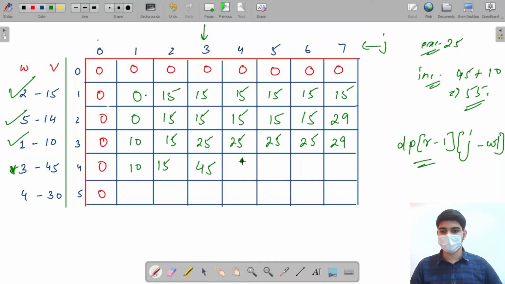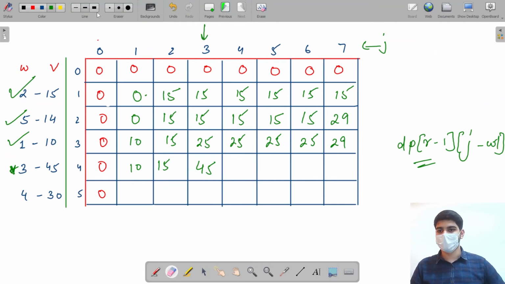Because this minus 3 gets me to this point, which is 10. So 45 plus 10, which is 55. So of course, inclusion wins in this case too. Hence, we just erase this and this, and we have 55 over here, right?